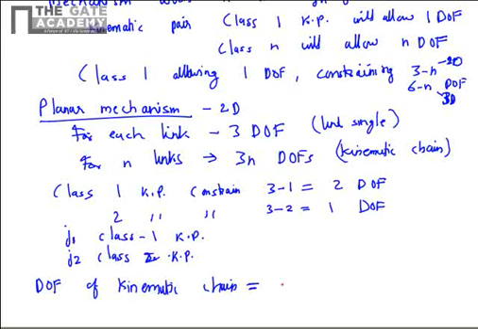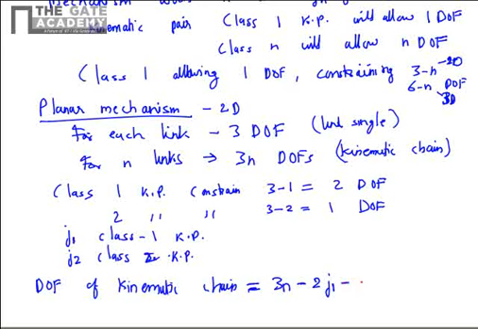So without the joints or kinematic pairs, or in other words, without any constraining, the kinematic chain is having 3n degrees of freedom. Now the class 1 kinematic pairs will constrain 2 degrees of freedom, so we can subtract 2 degrees of freedom for each class 1 joint. So for J1 number of class 1 joints, we have to subtract 2 multiplied by J1 degrees of freedom.